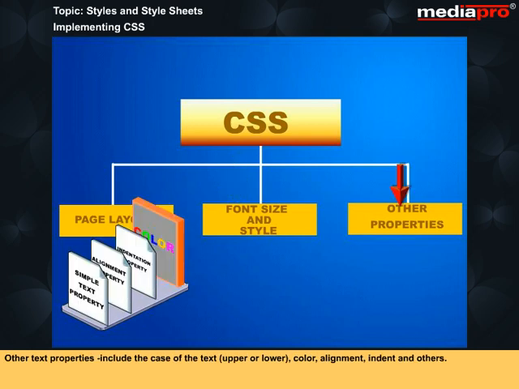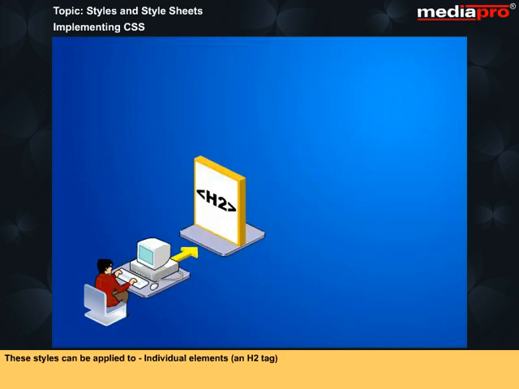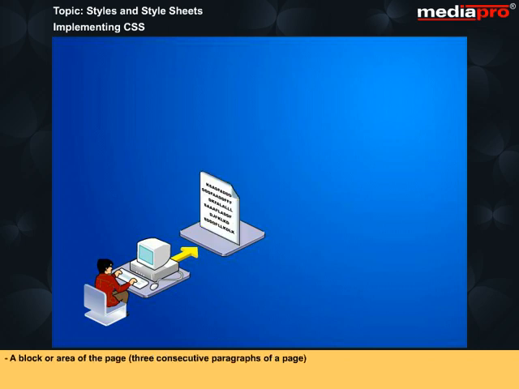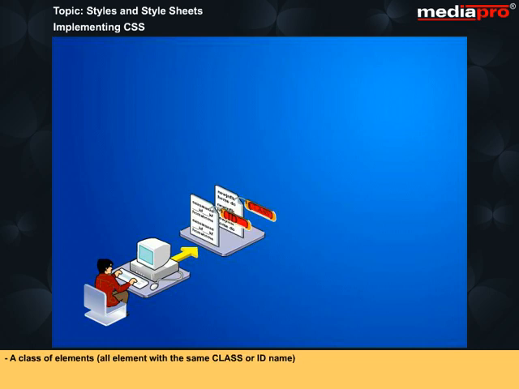Other text properties include the case of the text, upper or lower, color, alignment, indent, and others. These styles can be applied to individual elements, an H2 tag, a block or area of the page, 3 consecutive paragraphs of a page, a class of elements, all elements with the same class or ID name.